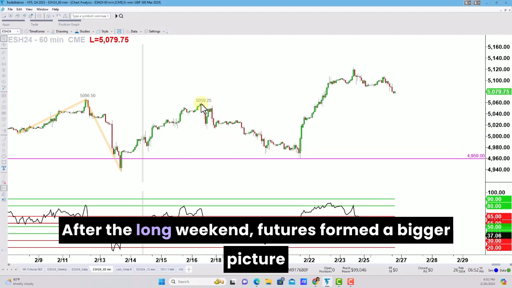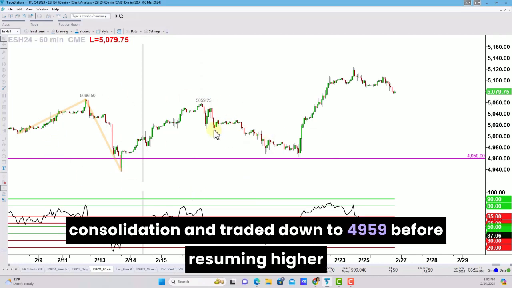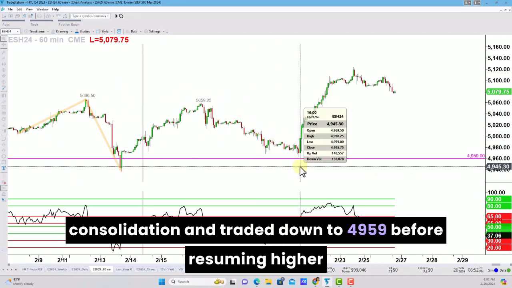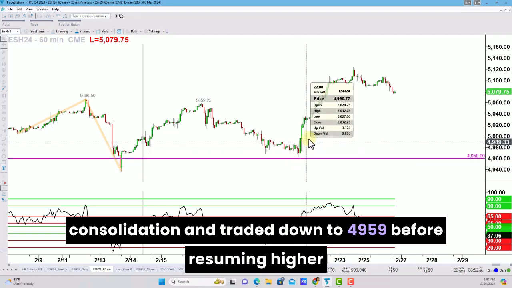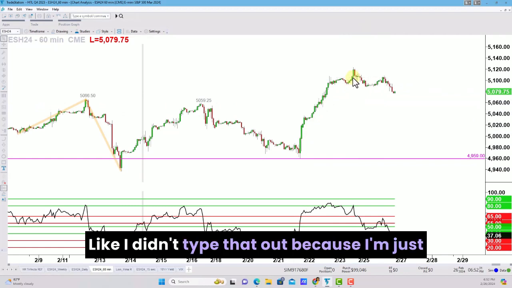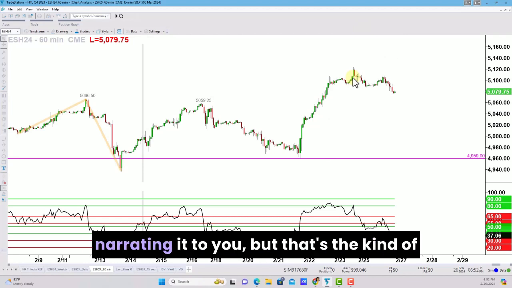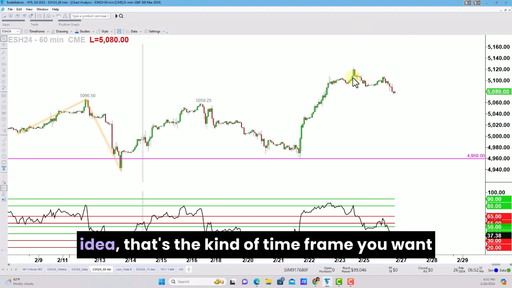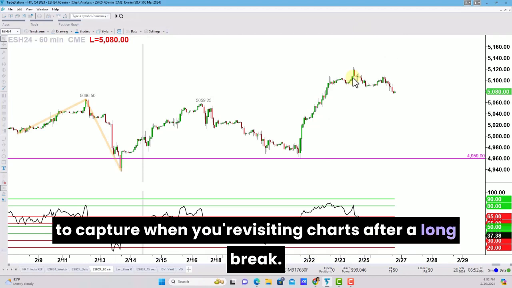After the long weekend, futures formed a bigger picture consolidation and traded down to 4959 before resuming higher to end the week, posting new all-time highs. I didn't type that out because I'm just narrating it to you, but that's the kind of idea, that's the kind of time frame you want to capture when you're revisiting charts after a long break.